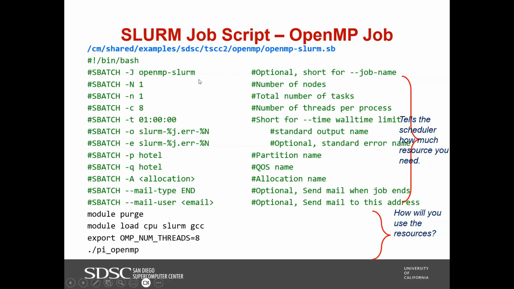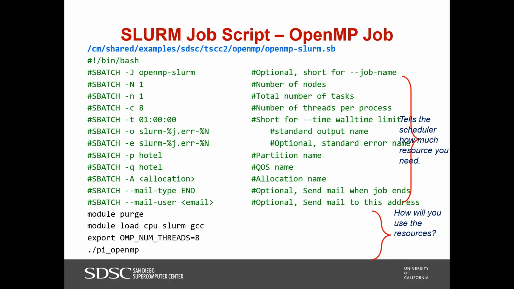Okay, so after the sbatch session, the next session is the session telling SLURM how you will use those resources. So this is basically how to run your job. So in this example, I just purge all current modules and then load the necessary modules I need for running this OpenMP job.